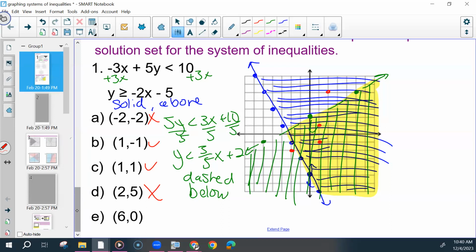Yeah. And that falls on the line. If it falls on the line, just like last time, you would need to check it. When we did systems of equations, we checked for solutions. You would do the same thing. So if it fell right here, it might work, it might not work. You have to check and see, does it work for both? We can do that when we come back.